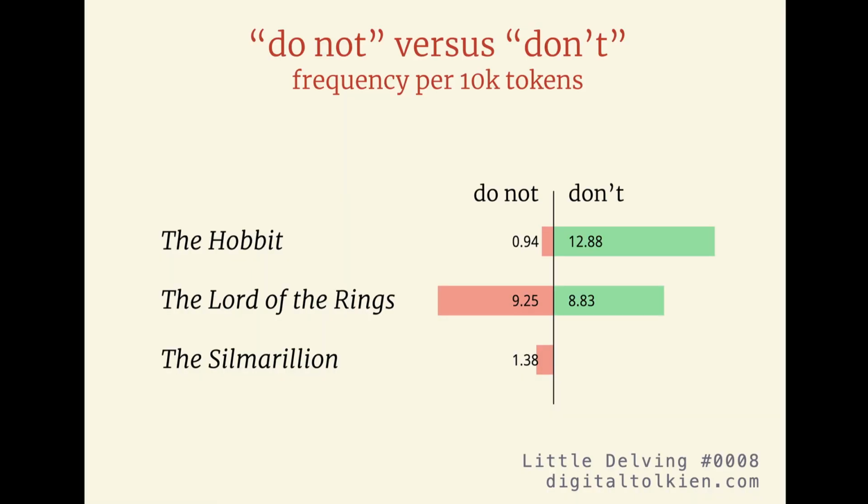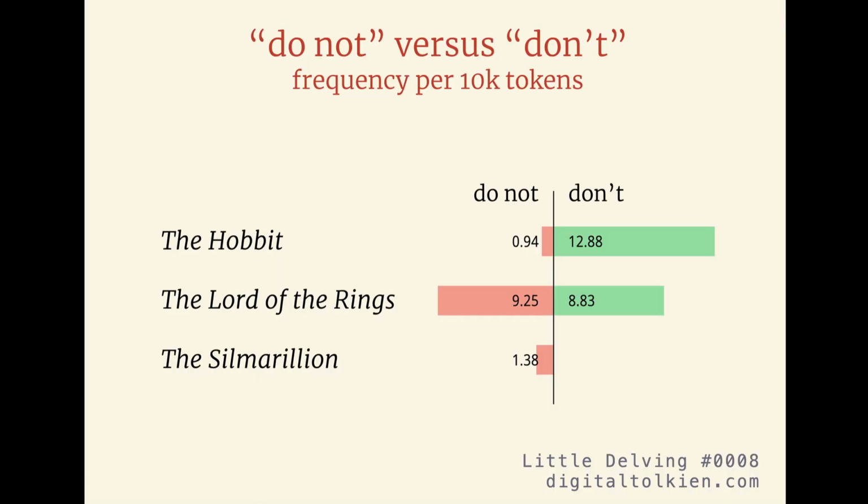In this case, we're looking at the uncontracted do not versus the contracted don't. Now I've shown a visualization similar to this before, but there it was focused just on within speech. This time I used both direct speech and the narrative. So this is counting occurrences anywhere in the text of these 3 works.